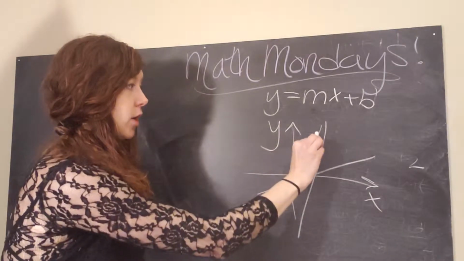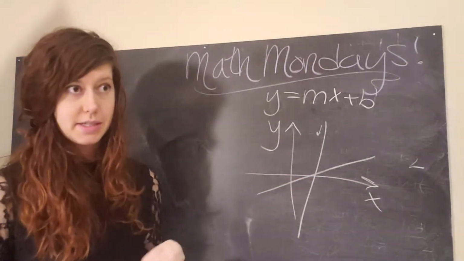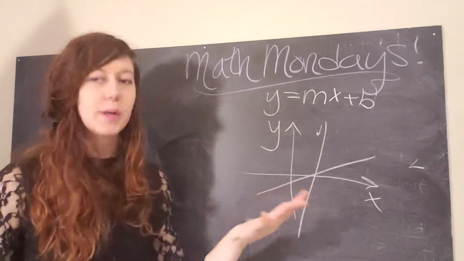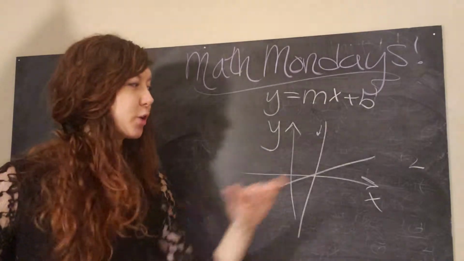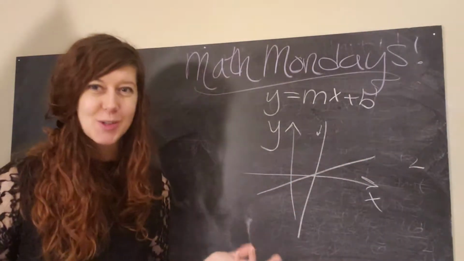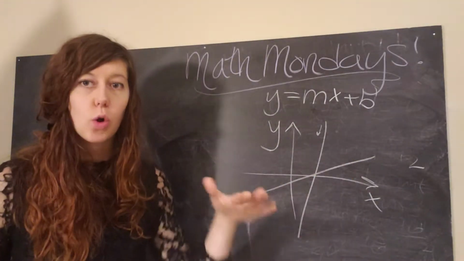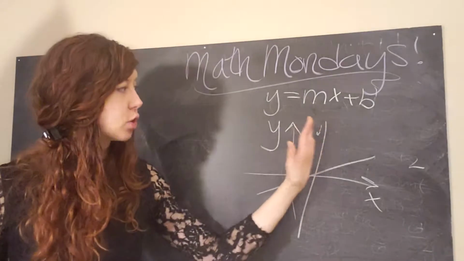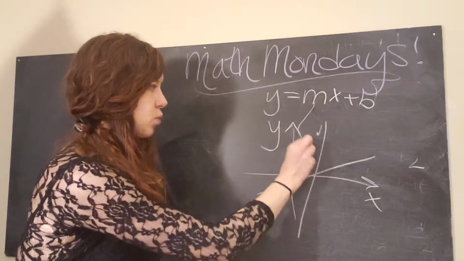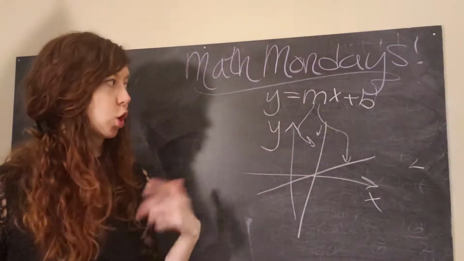It would be a little scary to ride down a hill that was that steep. That's like double black diamond status. Ooh! Whereas if you're going to go down this hill, it's much more gentle. So when you're just starting off, learning a new sport or something like that, it's a lot nicer to go down a gentle or low slope than it is to go down a steep slope. So that is where m comes into play. It's the steepness of our line.